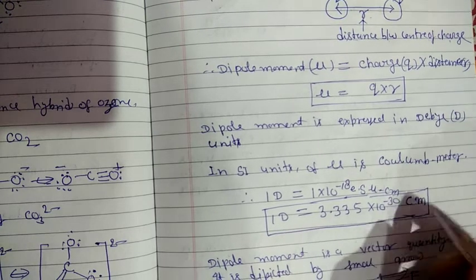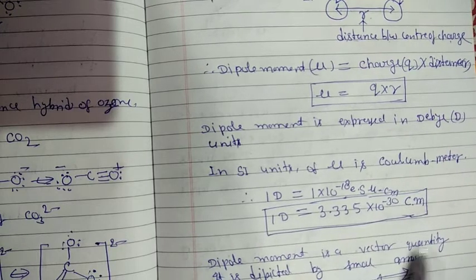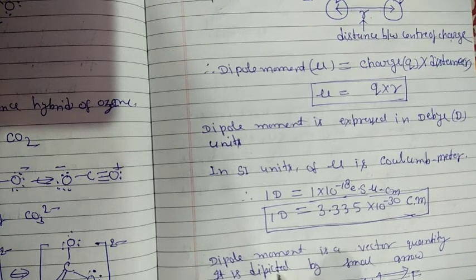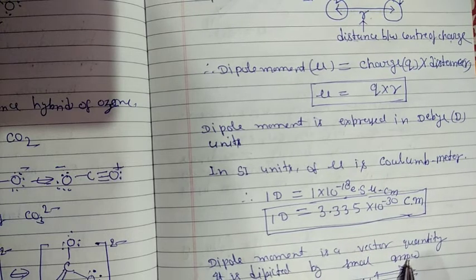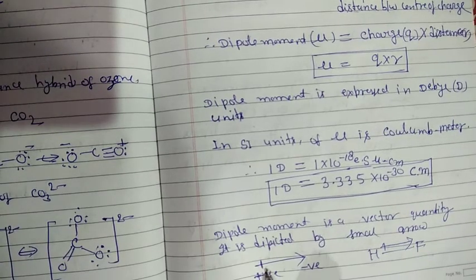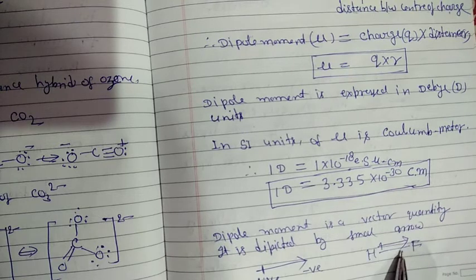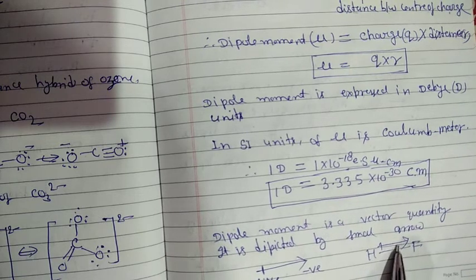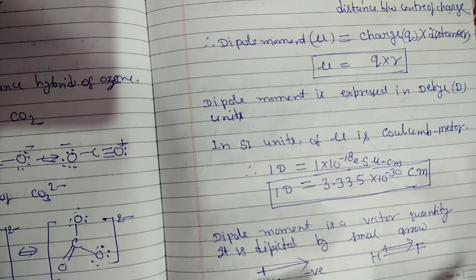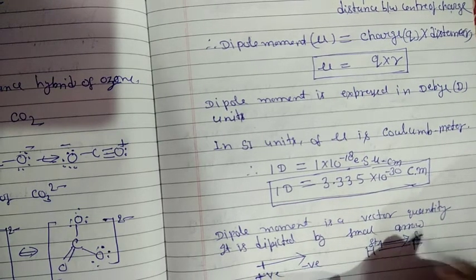Okay, dipole moment is a vector quantity. It is depicted by a small arrow. Okay, this is showing positive charge and this arrow is showing the negative charge. For example, HF. This shows the dipole moment. H has the partial positive charge and F has the partial negative charge.